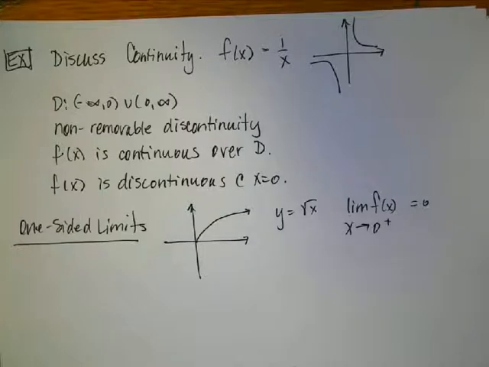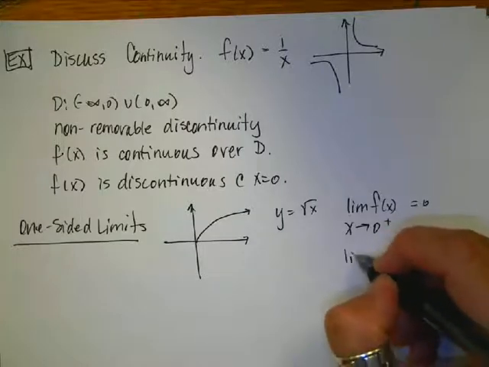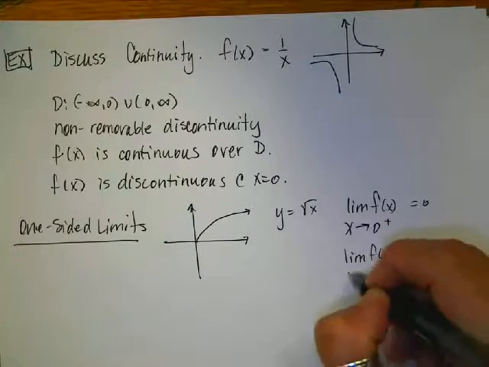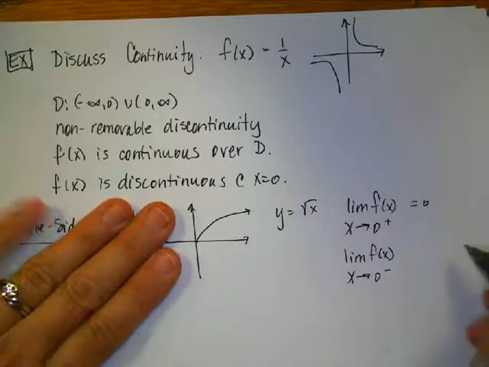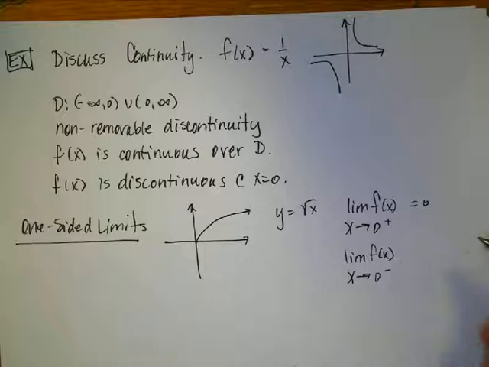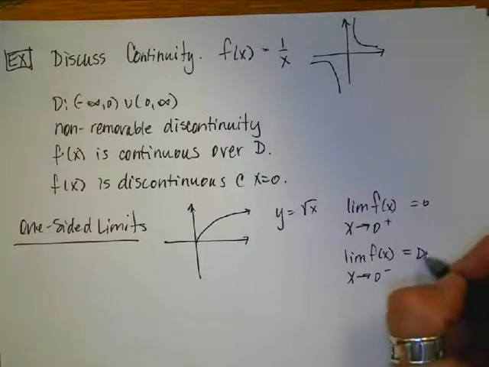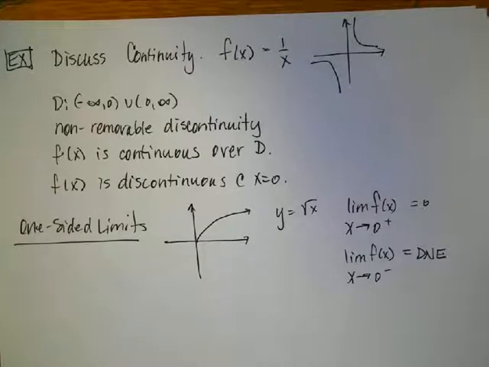But I can't talk about the limit of the function as x approaches 0 from the left because there's nothing over here. Therefore, that limit doesn't exist. So this would be what we would consider a one-sided limit. The limit only exists if I come in from the right.